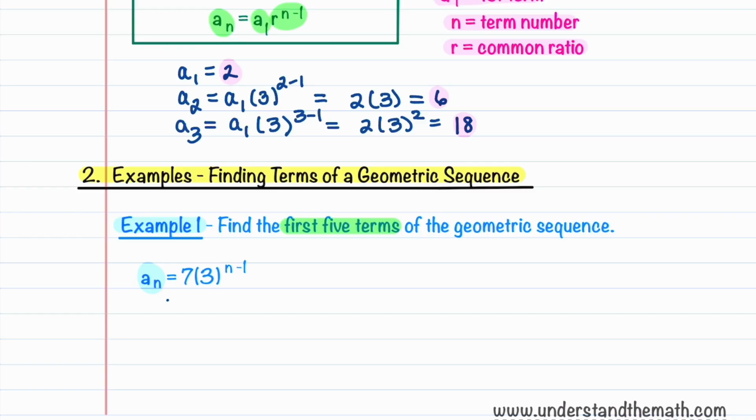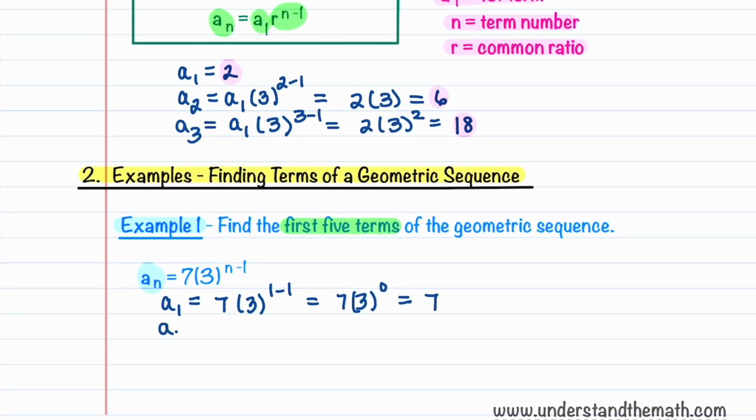Our first term is a1, so we're just going to substitute n equal to 1, and we have 7 times 3 to the 1 minus 1, which is 7 times 3 to the 0. Any number raised to the 0 power is just equal to 1, so this is just equal to 7.